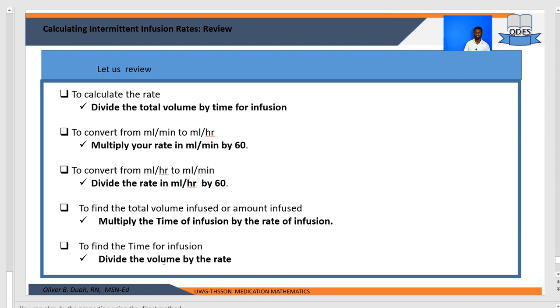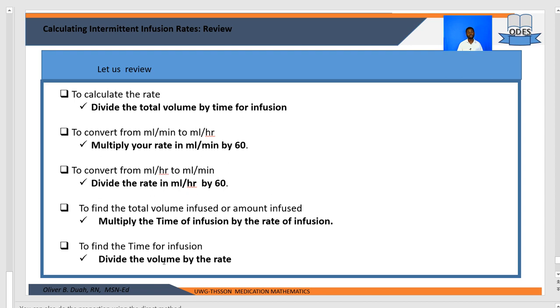So let us review. You can just use these simple methods to do your calculations if you remember these. To calculate the rate, you always have to divide the total volume by the total time for infusion.